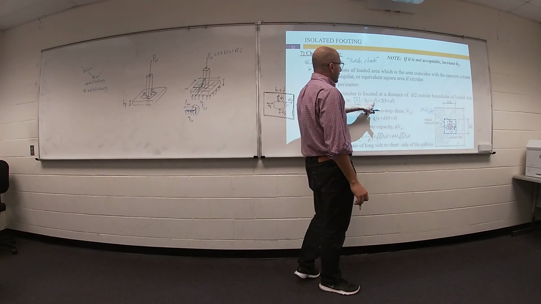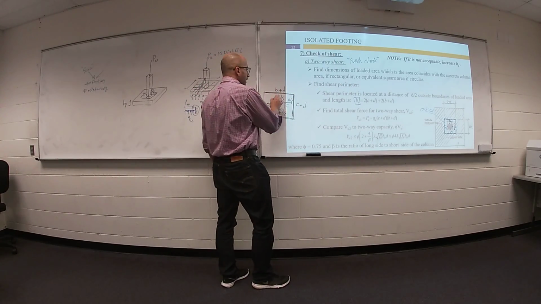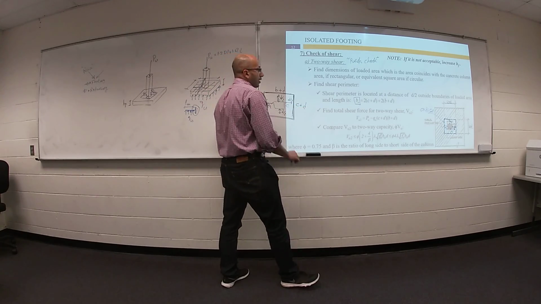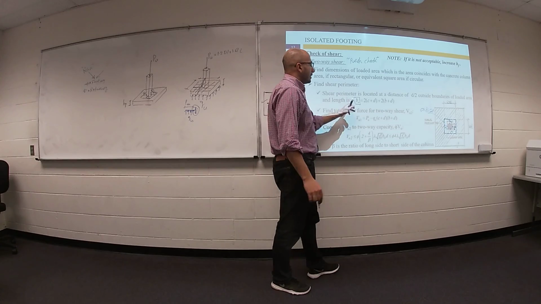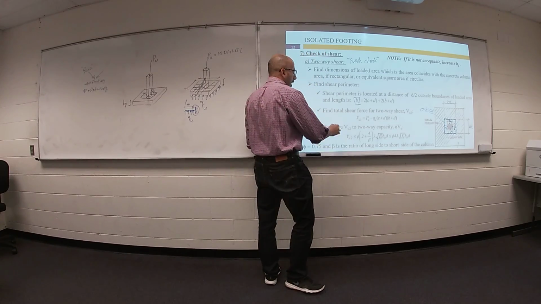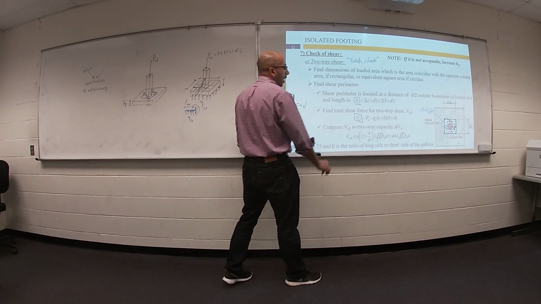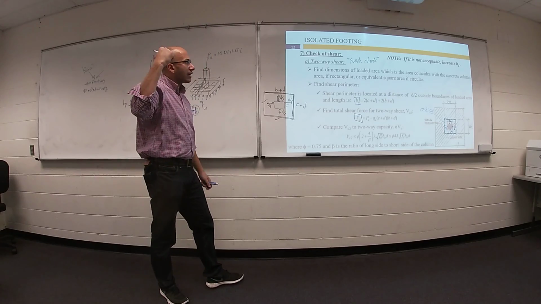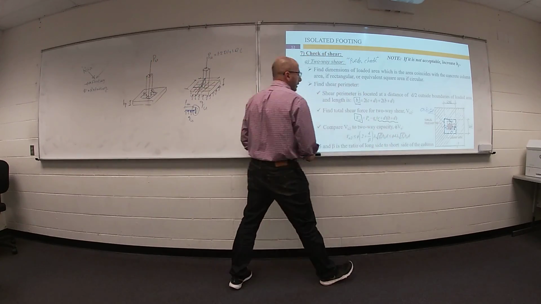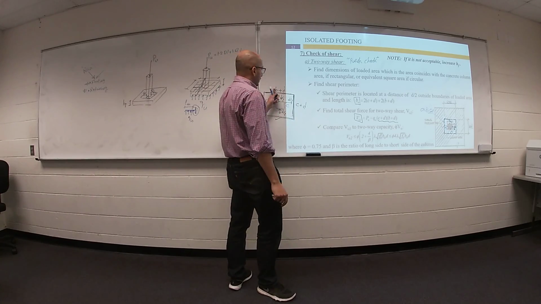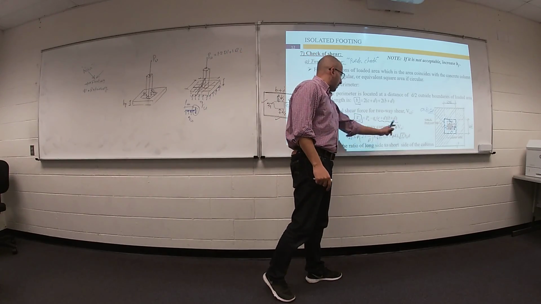So c plus d times 2, plus b plus d times 2. I can get the perimeter. I can calculate something called V ultimate 2 equal P ultimate minus q ultimate times this area, b plus d times c plus d.